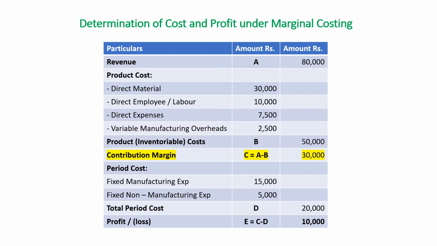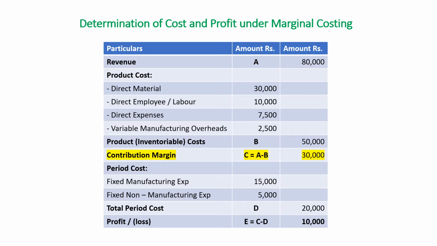Now coming to period cost. Period cost includes fixed manufacturing expenses like depreciation, etc., and fixed non-manufacturing expenses like sales, marketing, salaries. All put together, total period cost is 20,000.